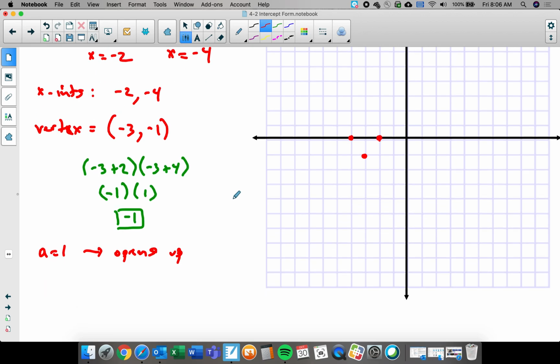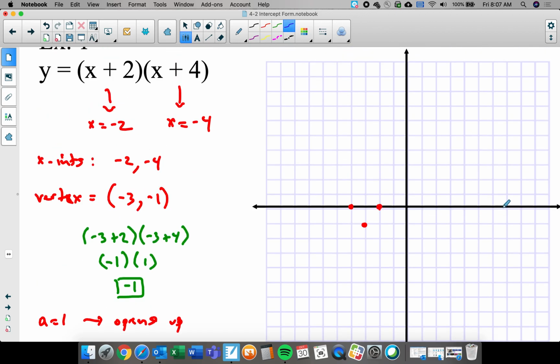The axis of symmetry on this one is x equals, and remember it needs to be an equation, x equals, not just a number. It's always the x-coordinate of your vertex, x equals -3. So if I add that to my graph, that should split the parabola right down the middle. And sure enough, it does. It goes right through the vertex.